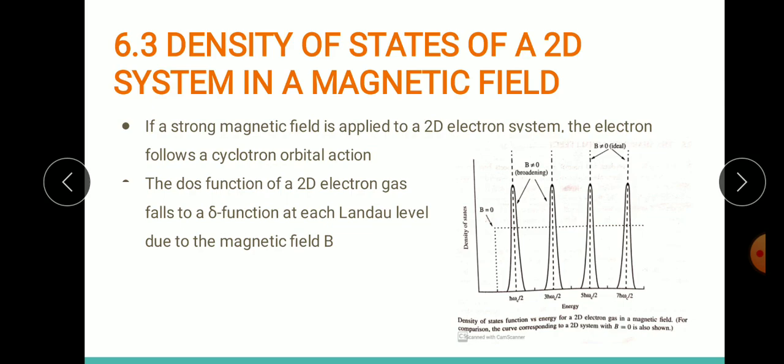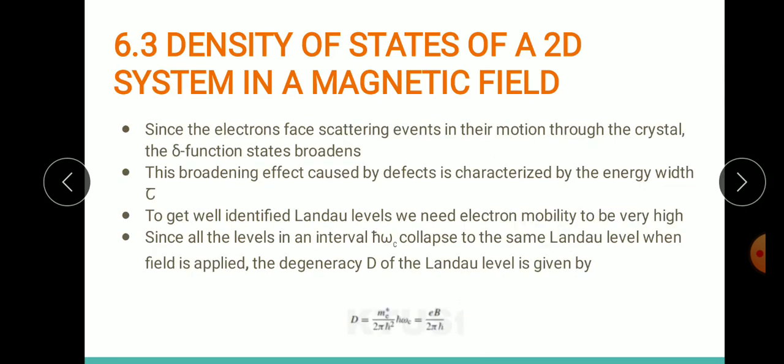This is because your electrons have suffered scattering, and as a result the delta function got broadened. This broadening at each energy level was caused by impurities or other defects, or lattice vibration, whatever scattering is possible in that structure. And this widening is characterized by your energy width tau.